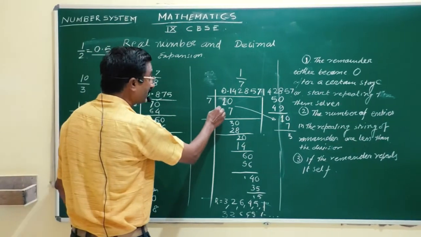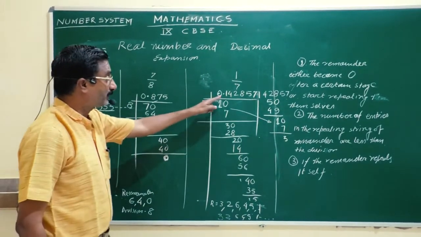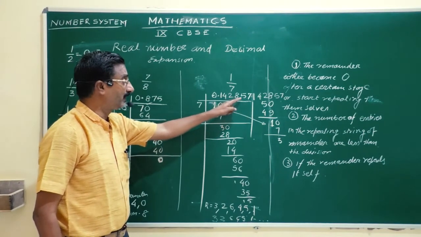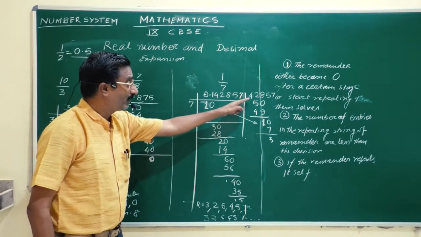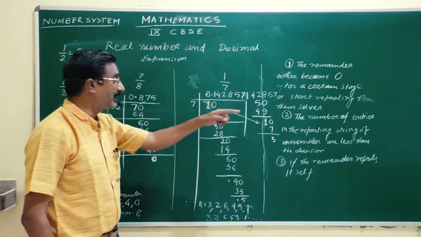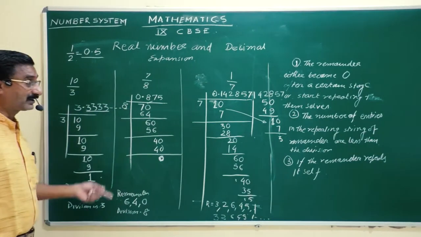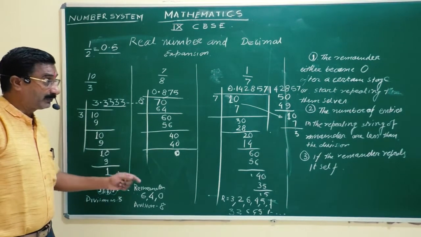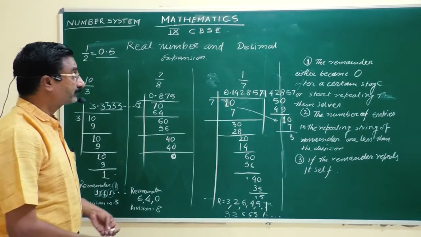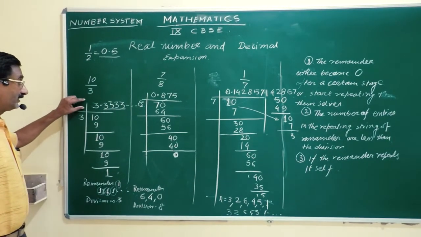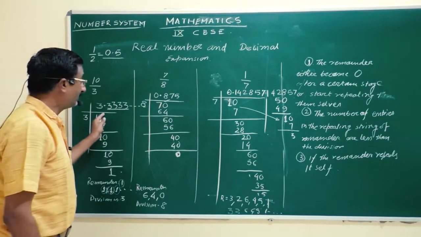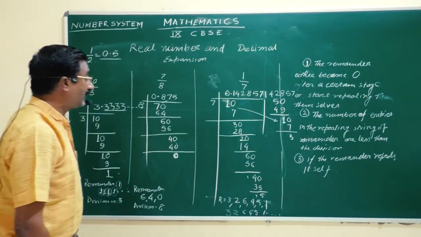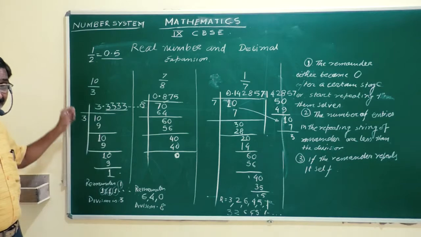But in the third case, you can see 0.142857, and 142857 will come again. So after a certain period, the remainders are again repetitive. It means the first number and the third number are repetitive in nature.